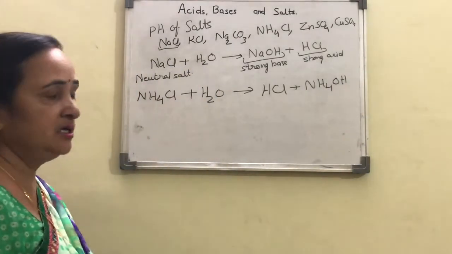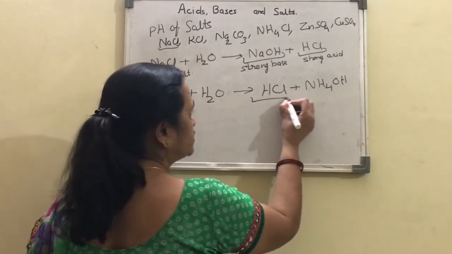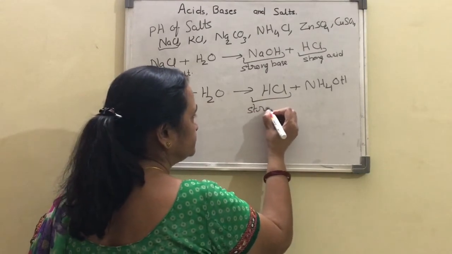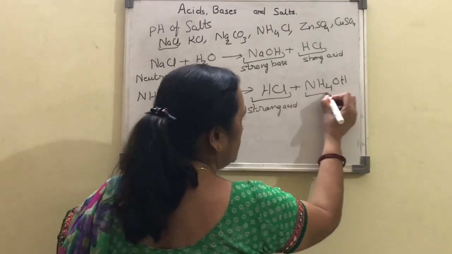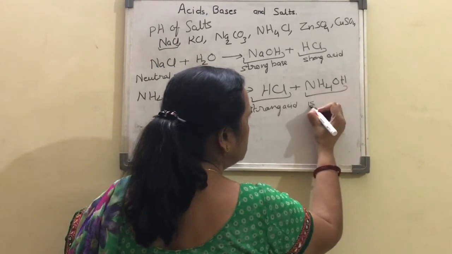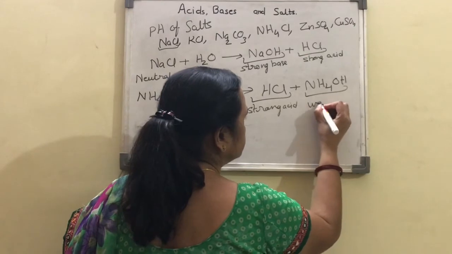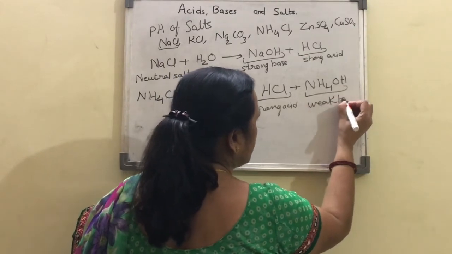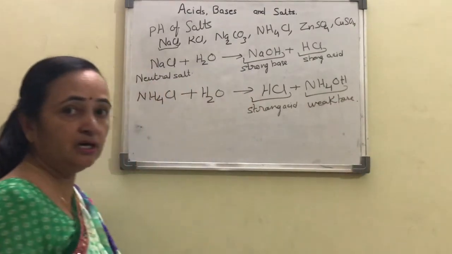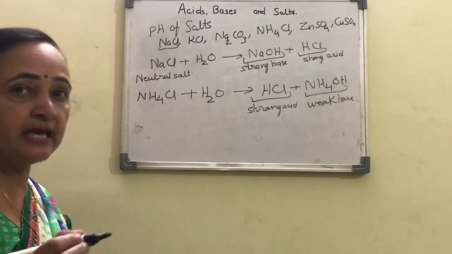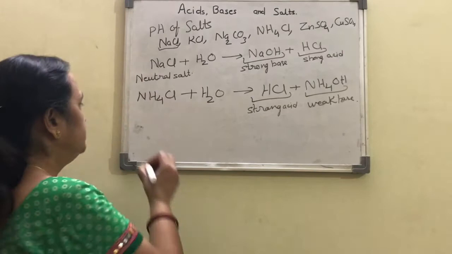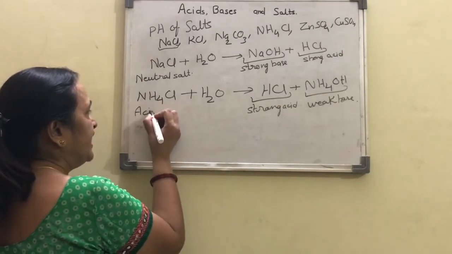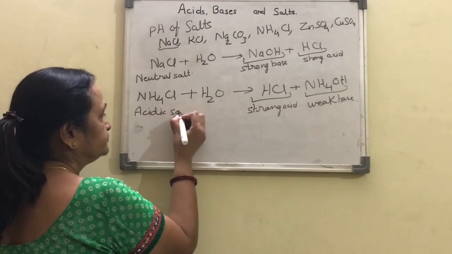Here hydrochloric acid is a strong acid and NH4OH is a weak base. So the base is weak and the acid is strong. It means which type of salt will be formed? Yes, an acidic salt will be formed. So this salt is acidic in nature.